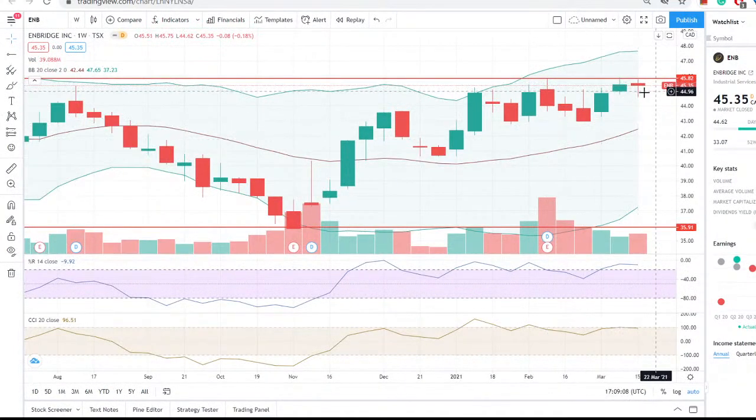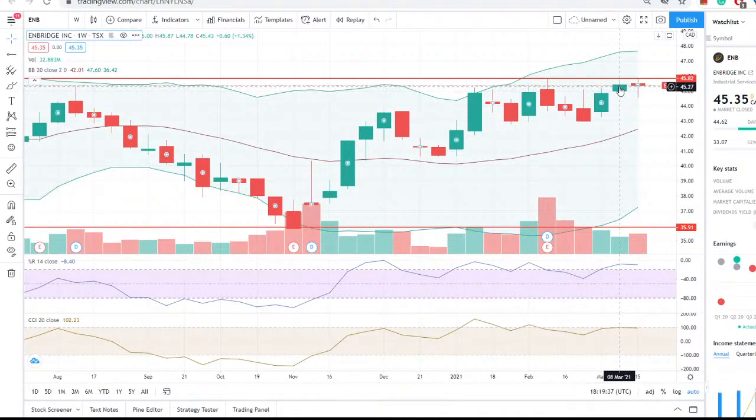Now, what is the low of the last week? This week, the current week, the last candle. It's 44.62. What is the stop loss I've just told you? 44.5.